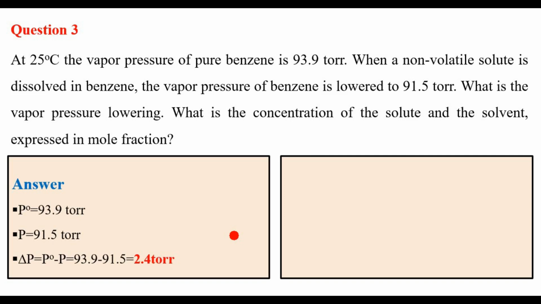In terms of the mole fraction, we need to use this formula. Then we can determine the mole fraction of the pure solvent by taking the vapor pressure of the solution divided by the vapor pressure of the pure solvent.